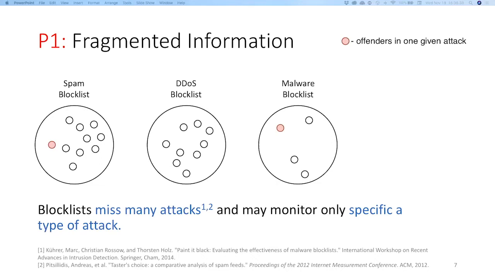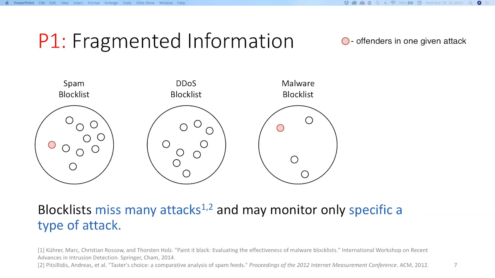The first problem is the fragmented information. In the next few slides, I'll be depicting the block lists as big circles, and if a particular block list is successful in identifying an attacker, it's marked in red. What we see here is that block lists miss many attacks because they often monitor only a specific type of attack.